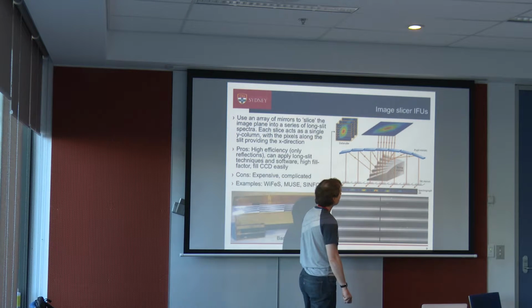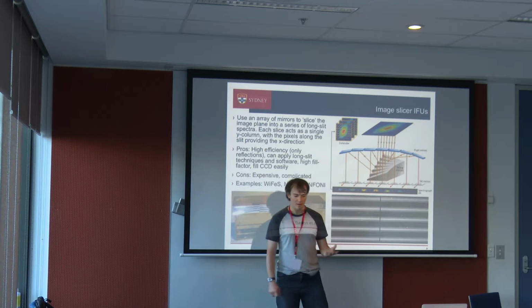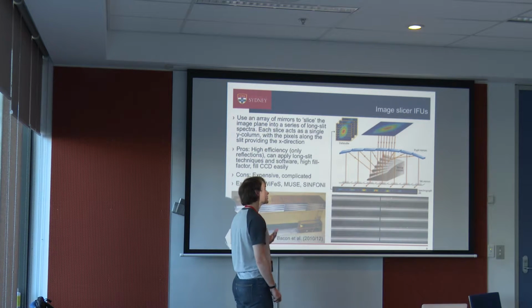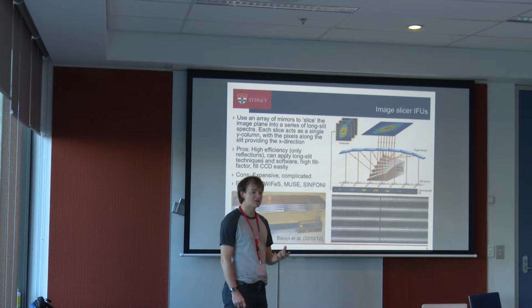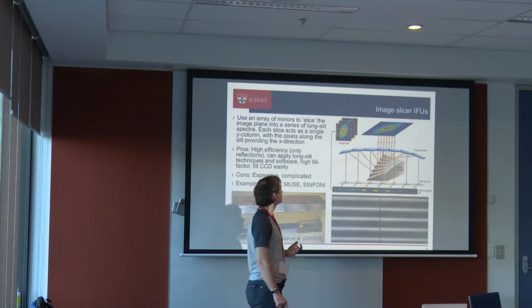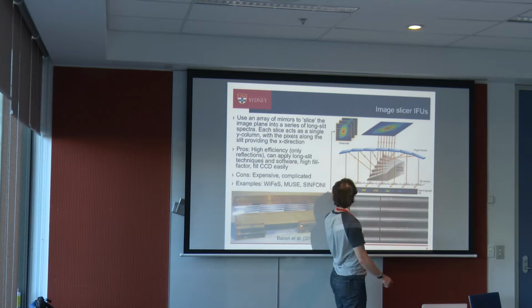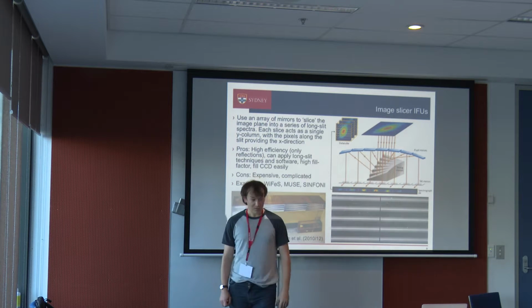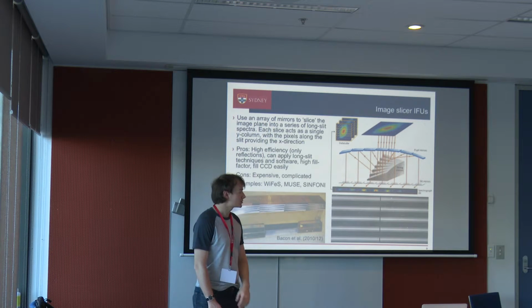So rather than turning your image into a bunch of individual spaxels, pixels, like a lenslet array, what you're doing is you're turning your image into a set of long slit spectra. So you can think of each of these slices that are coming down here as a long slit spectrum. That's good, because people have been doing long slit spectroscopy for a very long time.